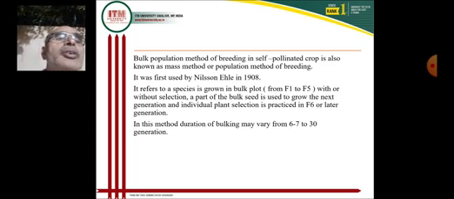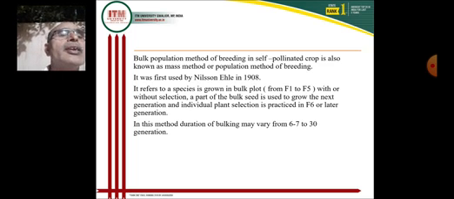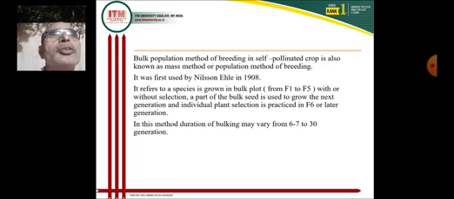It was first used by Nilsson-Ehle in 1908. He also experimented on quantitative inheritance.